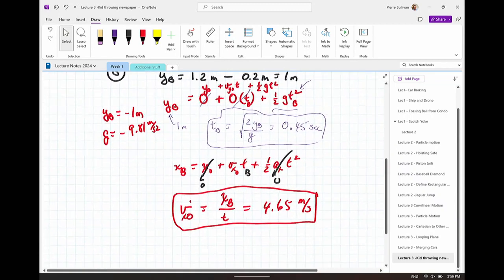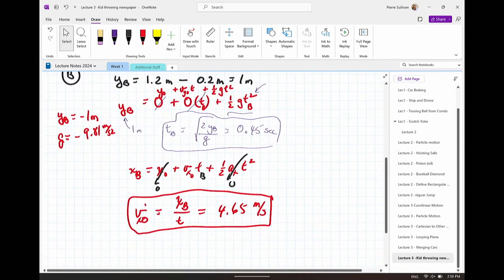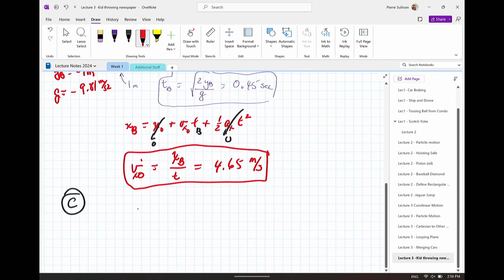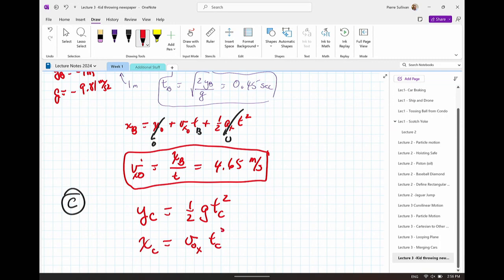Now, I can do the same thing for point C. And that is y sub c is equal to 1/2 GTC squared. X sub c is equal to V naught x TC. No square there.